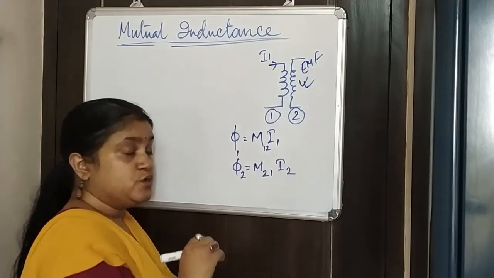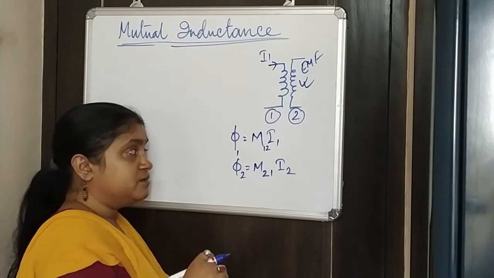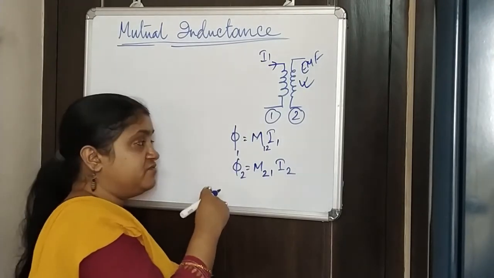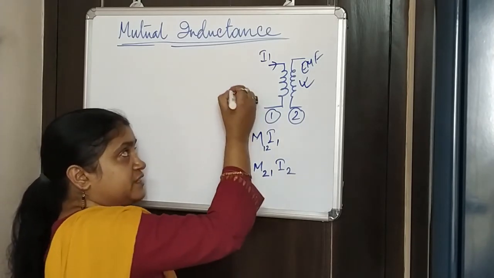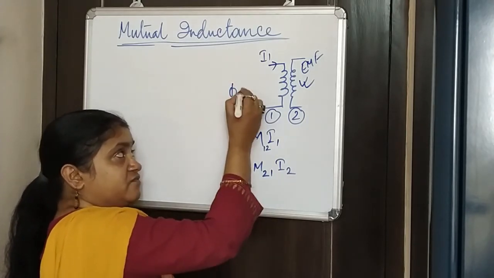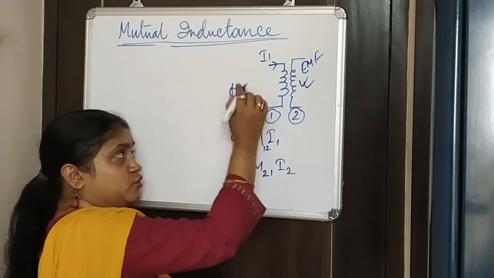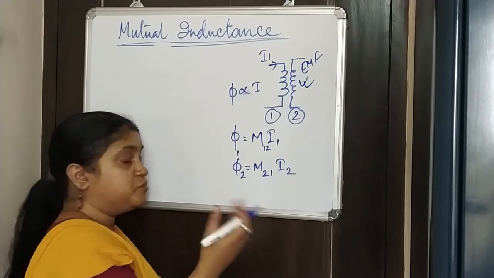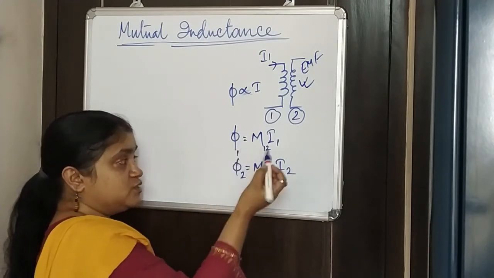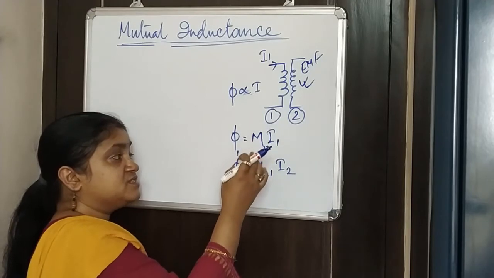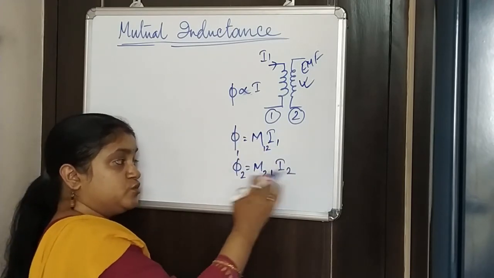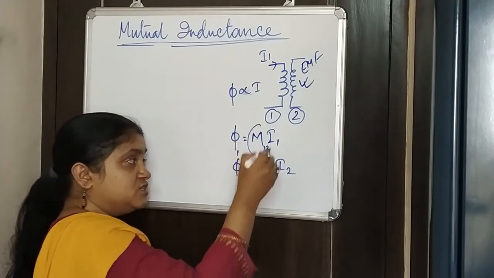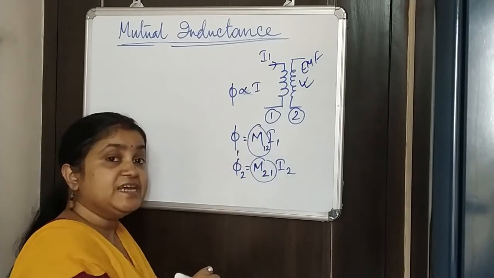This is I2. This is a very similar concept to what we saw in self-inductance, where the magnetic flux is proportional to I. Here too the magnetic flux is proportional to the current, and the proportionality constant we call the mutual inductance.